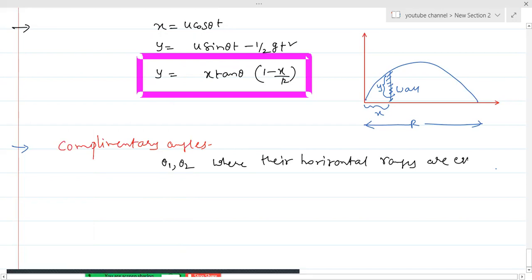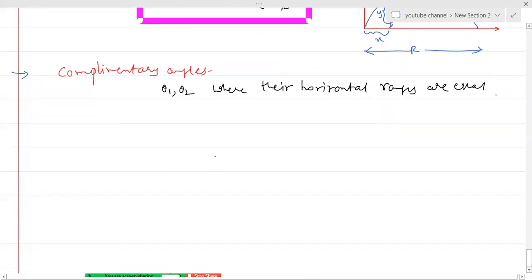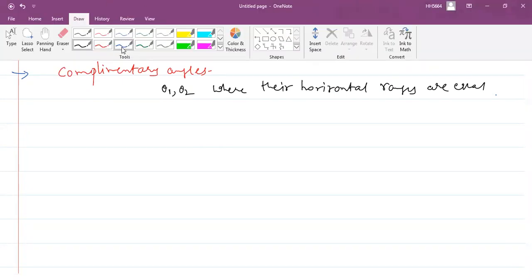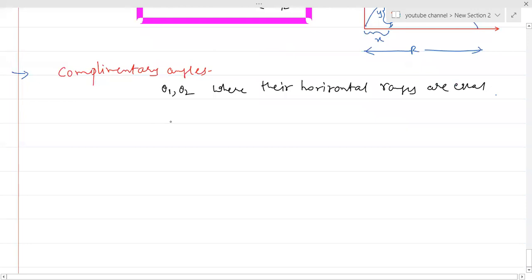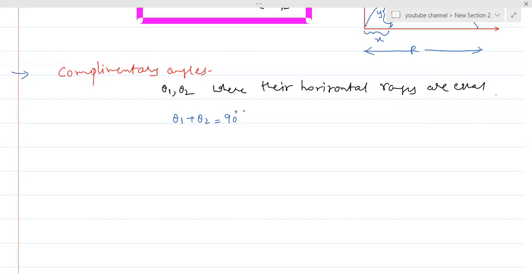The required condition is theta 1 plus theta 2 equivalent to 90 degrees. From the problem we can easily understand this relation, theta 1 plus theta 2 equal to 90.